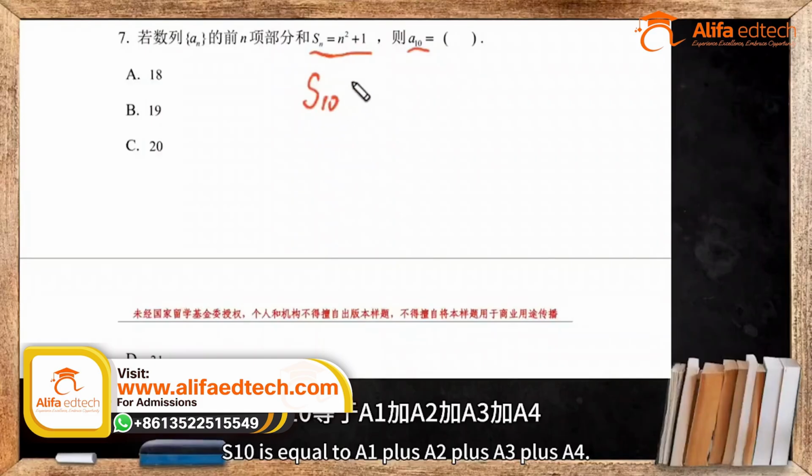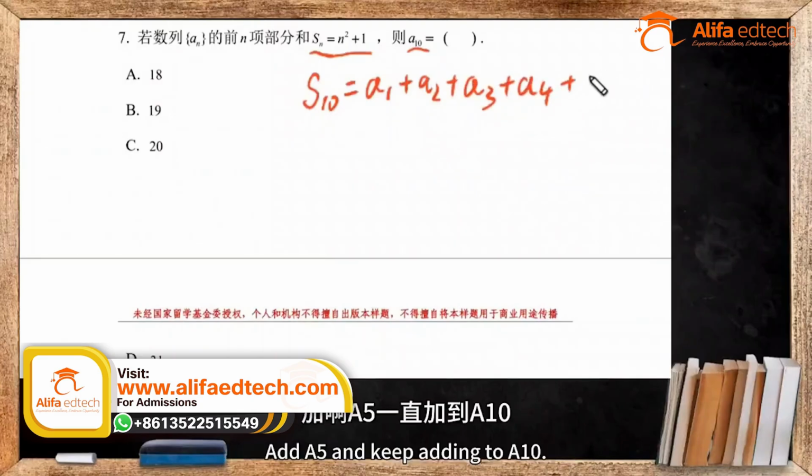The sum of the first 10 terms, denoted as S sub 10, is equal to the first term a sub 1, added to the value of the second term a sub 2, added to the value of the third term a sub 3, added to the value of the fourth term a sub 4, and the fifth term a sub 5, and so on, up to a10.